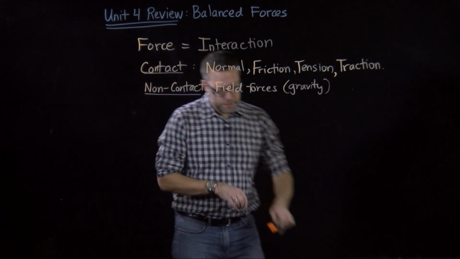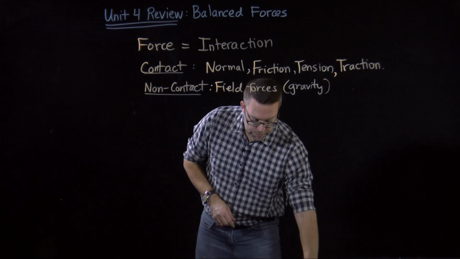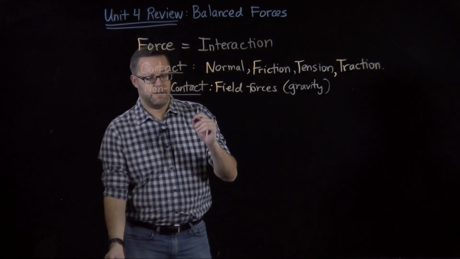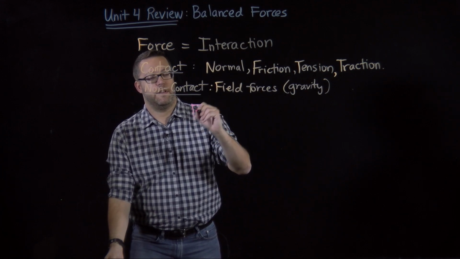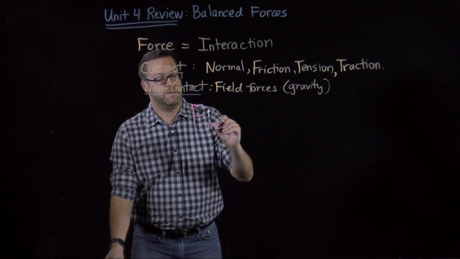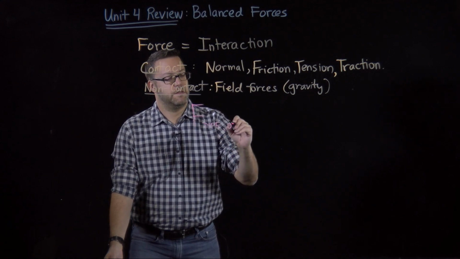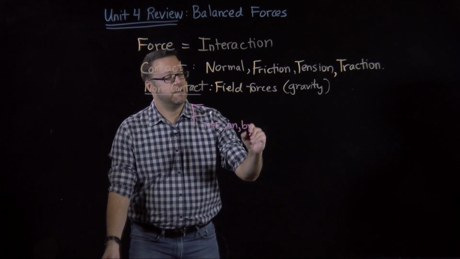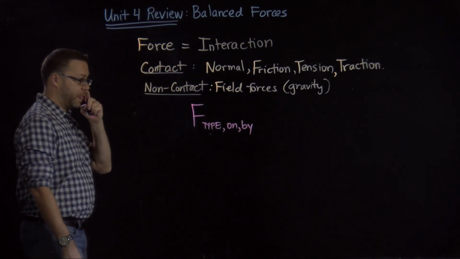Okay. Now what we did in class is we said that every force can be represented by the following structure. You can write the type of force, what the force acts on, and who's doing the force. Okay?